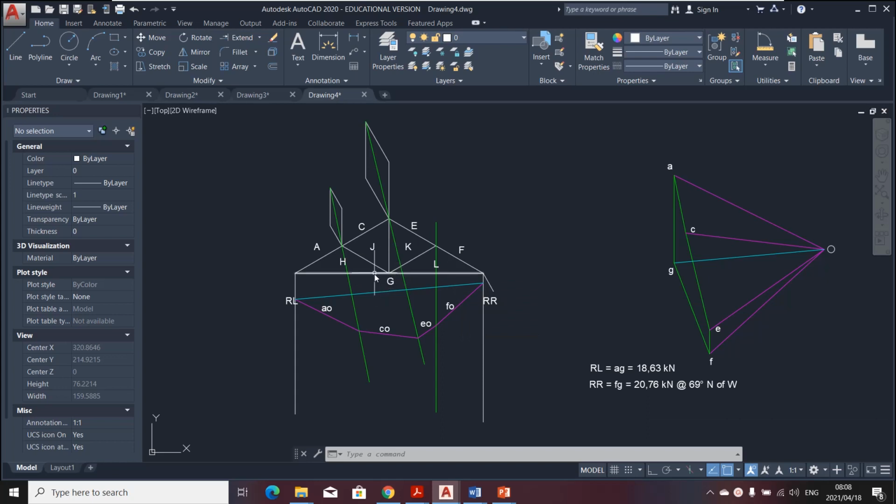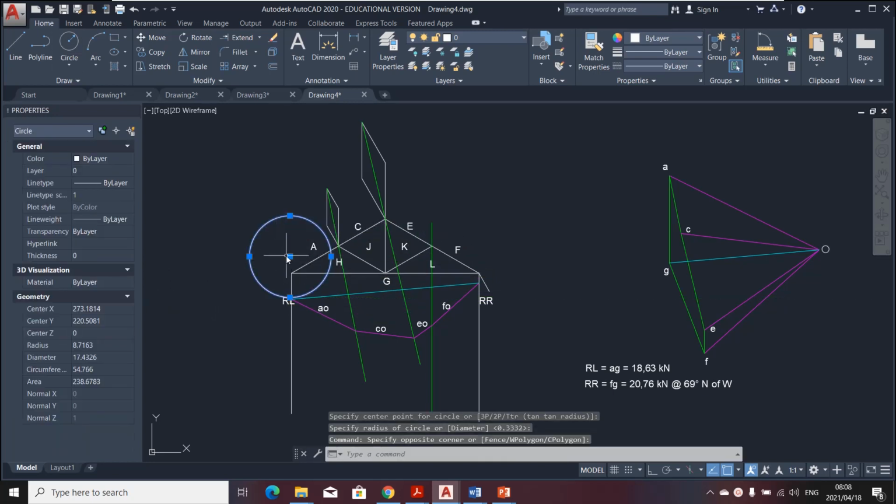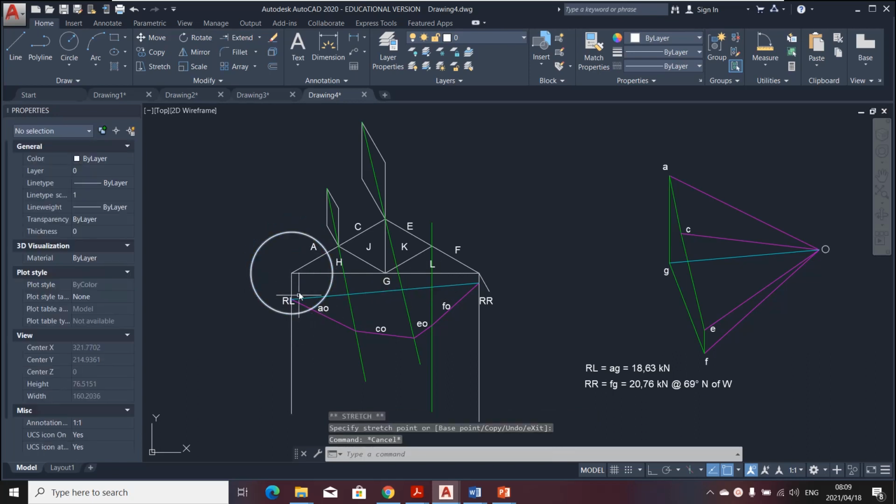This joint here has 1, 2, 3, 4, 5. So you must choose a joint with 2 members. I've got this joint with 2 members, AH and GH, and also this one, FL and GL. I like to start from this side, so this is the joint I'm going to choose first.